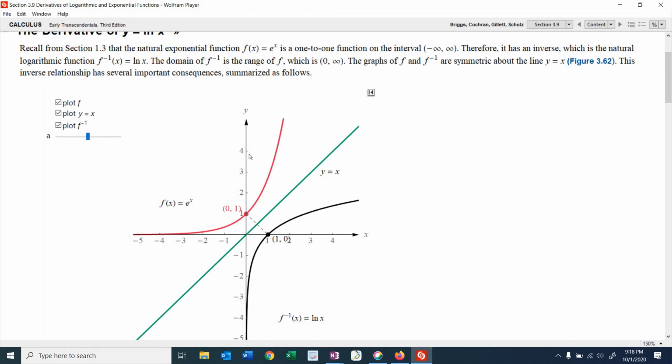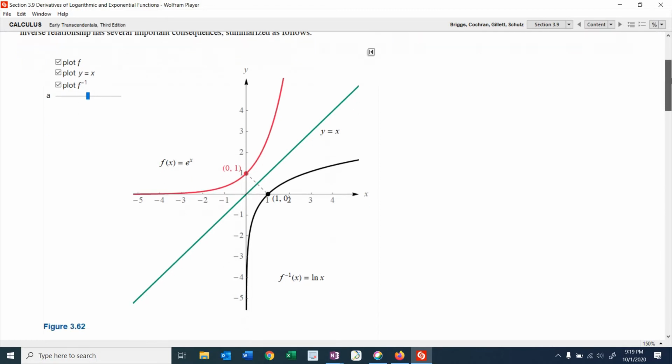This is actually a vertical asymptote. So x needs to be positive. And so it makes sense to take the natural log of a positive number. It doesn't make sense to take the natural log of 0 because that's not defined. 0 is not part of the domain, and it doesn't make sense to take the natural log of a negative number because negative numbers are not in the domain of this function either.